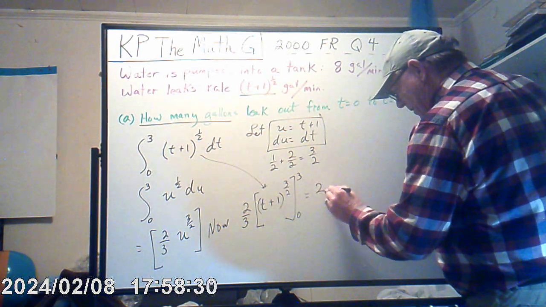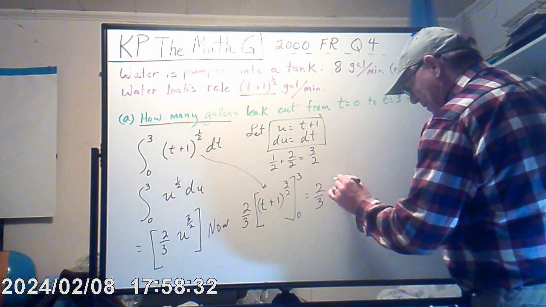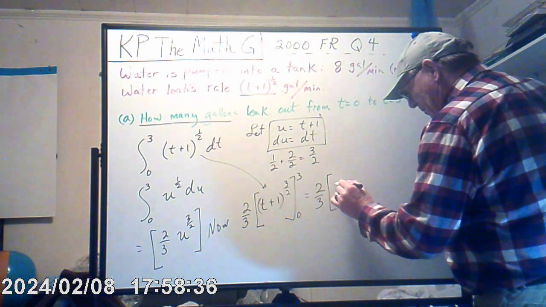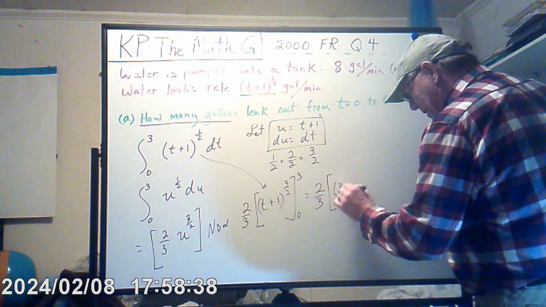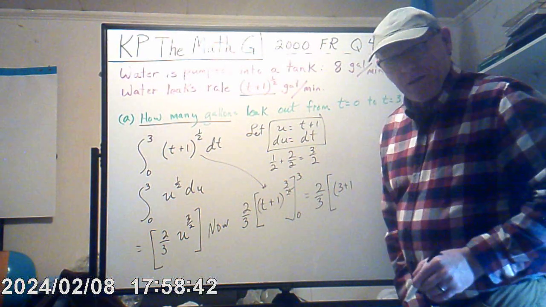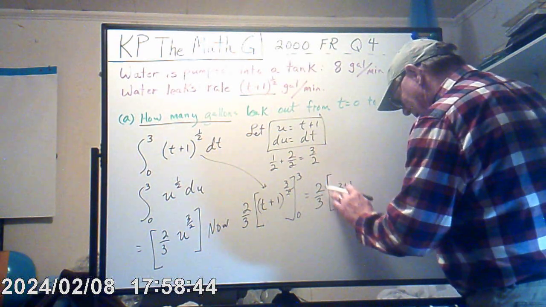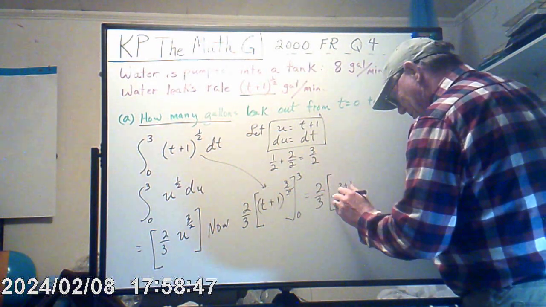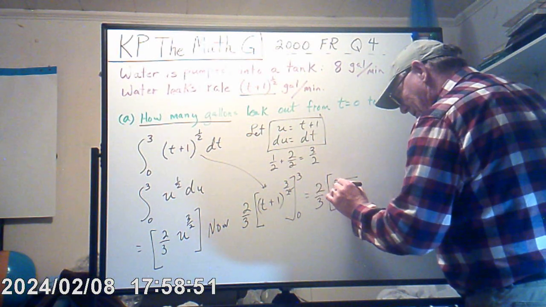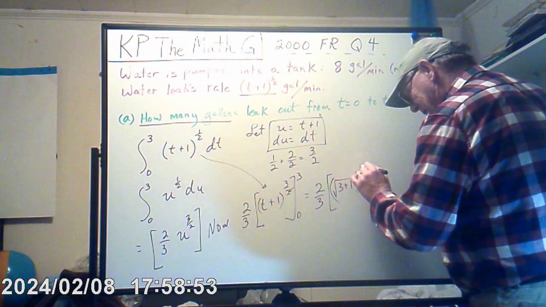This is 2/3, and then we have 3 plus 1, and remember this 2 is the index number. That's the square root right there. So that's the square root of 3 plus 1, and then we're going to cube that.